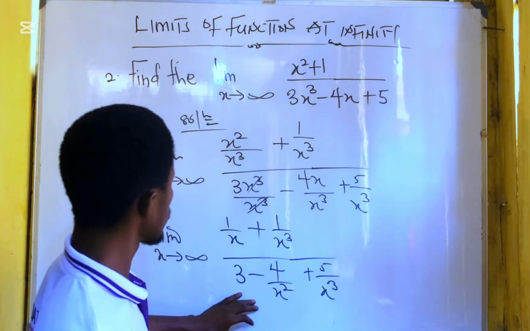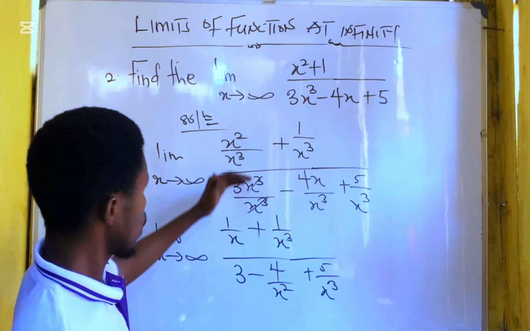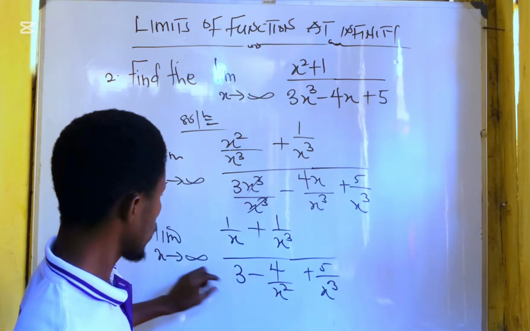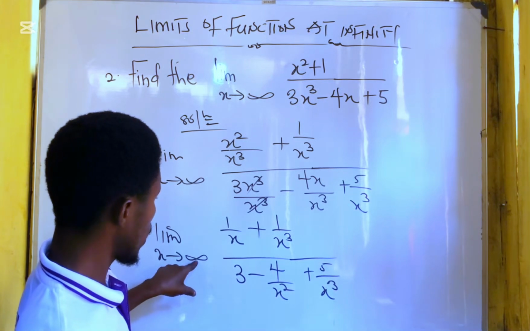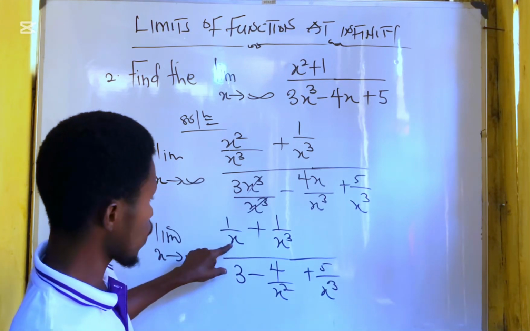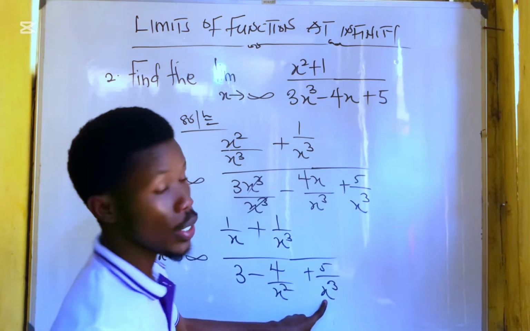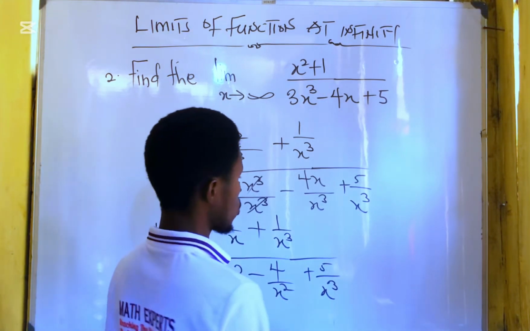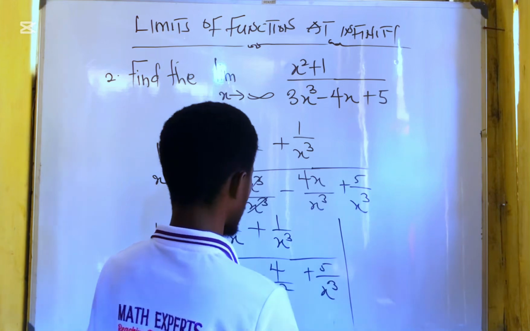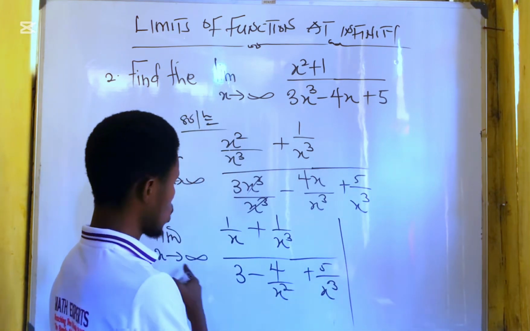So what are we going to do? After getting this, you're now going to put the infinity sign there. Wherever you see x, you put infinity. Is that okay? If I start doing the substitution, I don't need to bring the limit again.